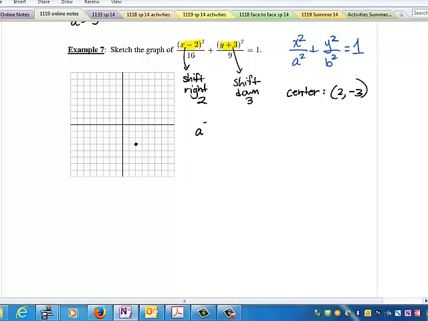So we still have a squared is 16, because 16 is the larger of the two denominators, and b squared is 9. And we can still see that because the larger denominator is under the x term, we have a horizontal major axis.